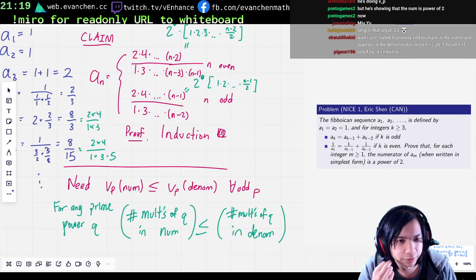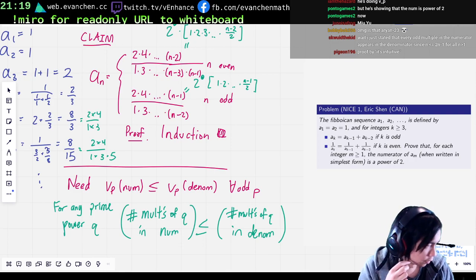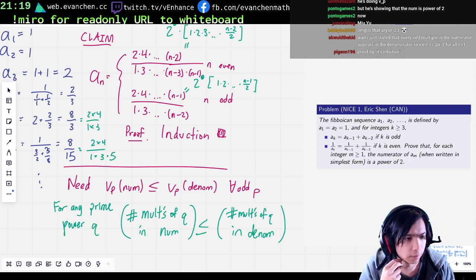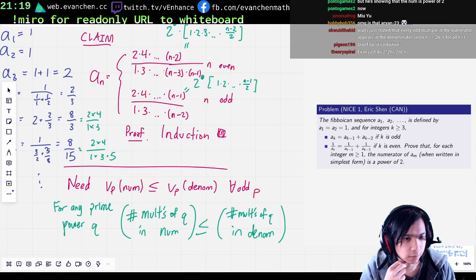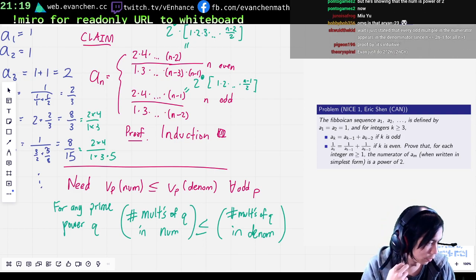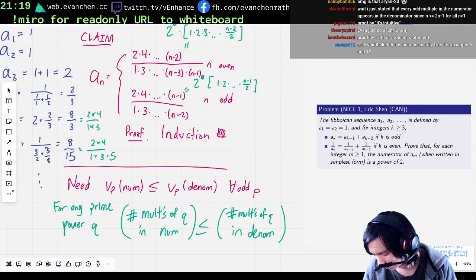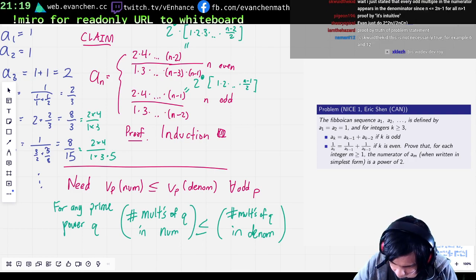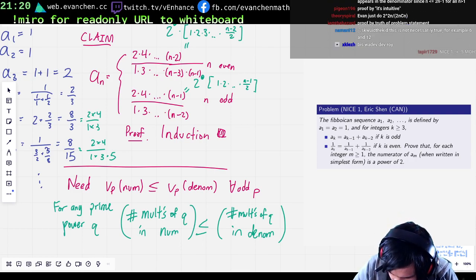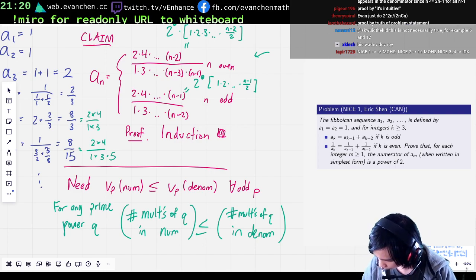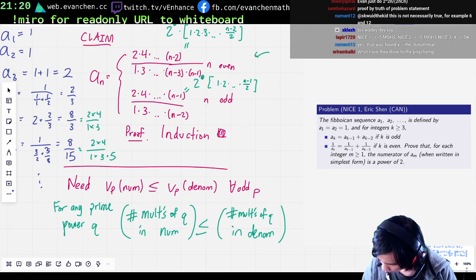Every odd multiple appears in the denominator. Is that true? Just due to the 2n. No, because that requires you to actually calculate. Oh, okay. Twitch chat is telling me that you can also do this explicitly. In one case, this fraction is equal to... someone just tell me what it is.